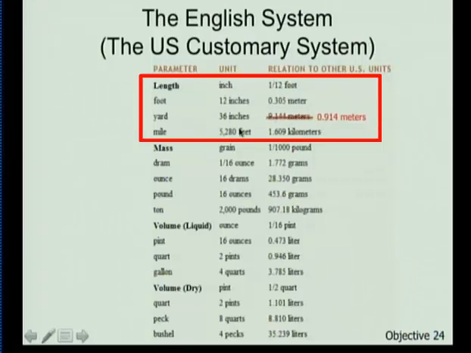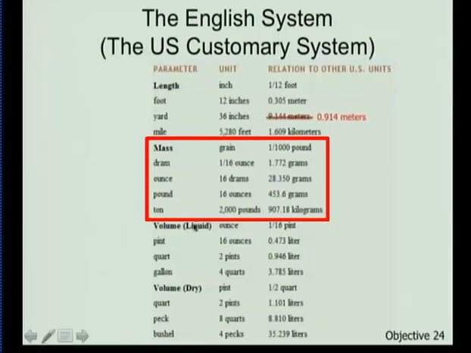But notice how complex this becomes when we look at the English system and we're measuring length. We've got to know foot and yard and mile and the conversion between those: a foot is 12 inches, a yard is 36 inches, and a mile is 5,280 feet. Those are just numbers that aren't as intuitive. We use them frequently enough that we pretty much know them, but there's not a general rule to those.